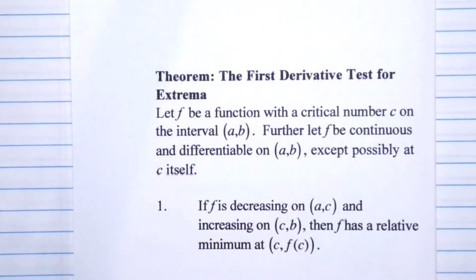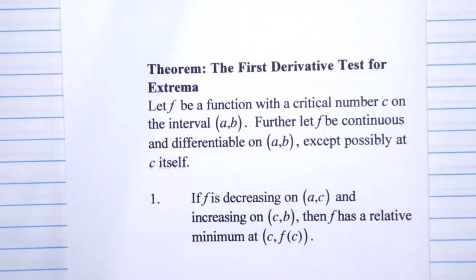So now we're ready to talk about the first derivative test for extrema. So we're going to start with a function with critical number c on the interval from a to b, and we need for f to be continuous and differentiable on that interval from a to b, except possibly at the critical number itself.